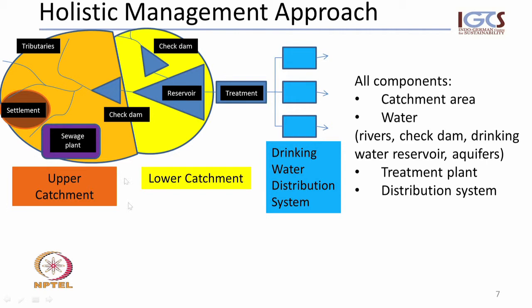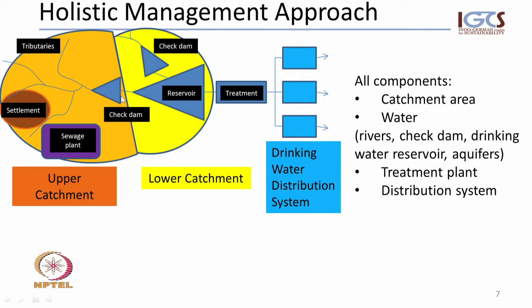Visualize, we are looking at an upper catchment area where some activities may take place, where we have rivers and tributaries. We may have human settlements, towns, villages, some industries, any sorts of land use, and we may have even sewage plants here. Then we usually may have in a lower catchment a drinking water reservoir.